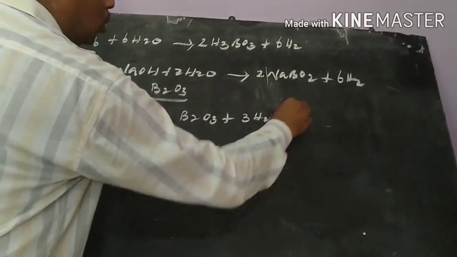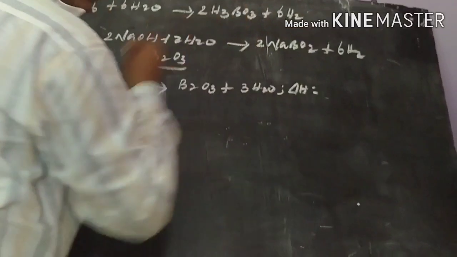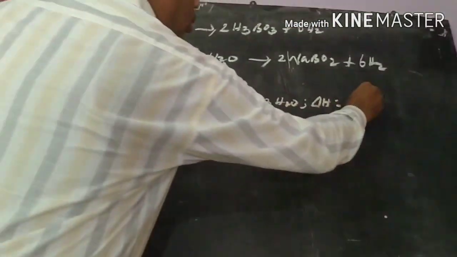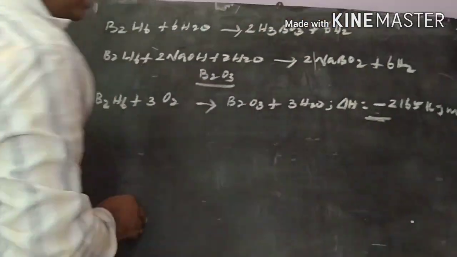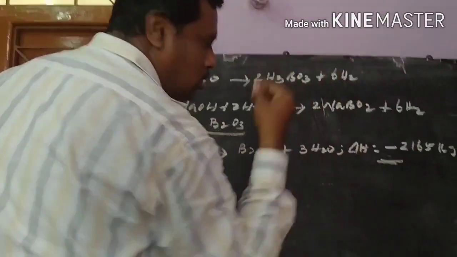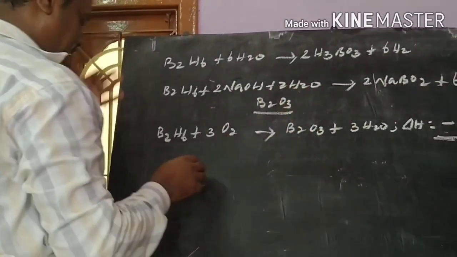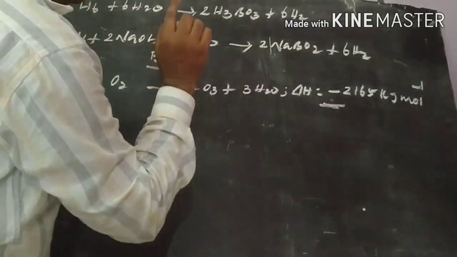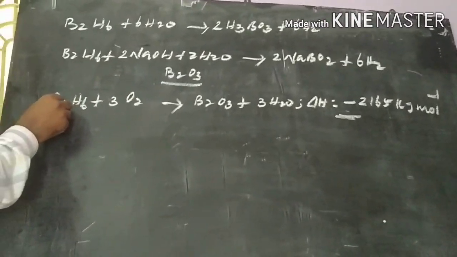Del H, the enthalpy change, is equal to minus 2165 kilojoule per mole. Minus means an exothermic reaction takes place here; plus would be endothermic, but here it is minus 2165 kilojoule per mole.